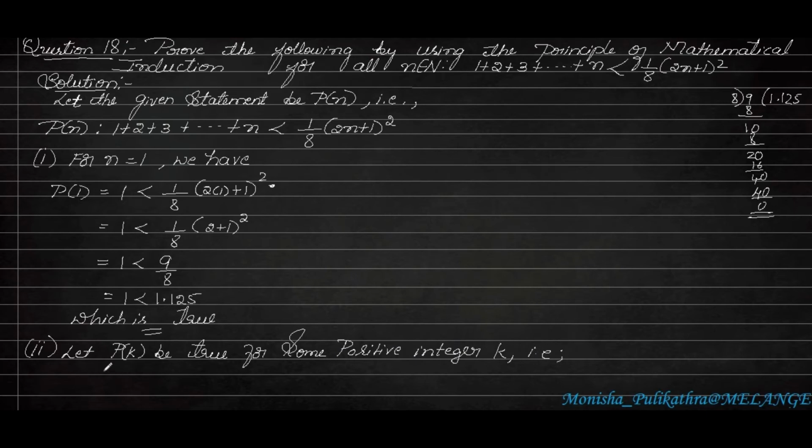So here we have to take k in the place of n. So it will become p of k. So p of k is 1 plus 2 plus 3 etc., up to k in the place of n, which will be less than 1 by 8 into 2k plus 1 whole square. Let this be equation number 1.